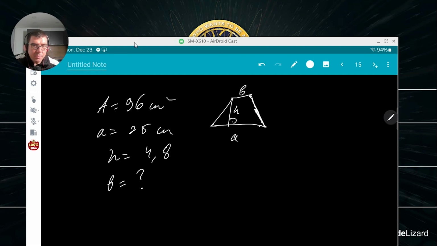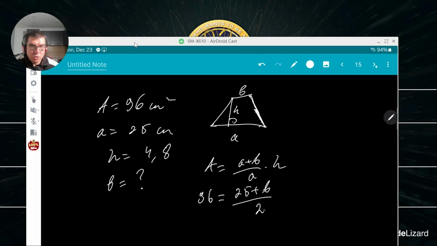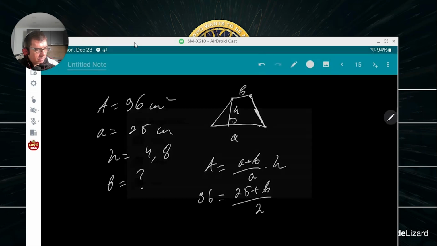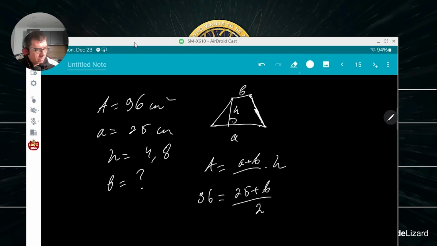So the area is A plus B over 2 times H. So it will be 96 equals to 25 plus B over 2 times 4.8.